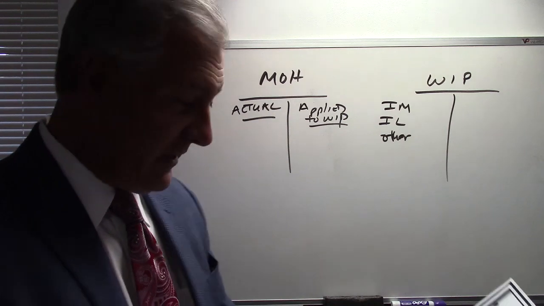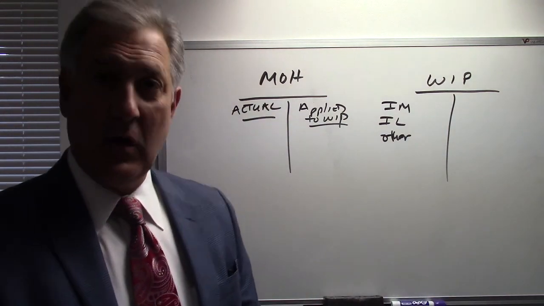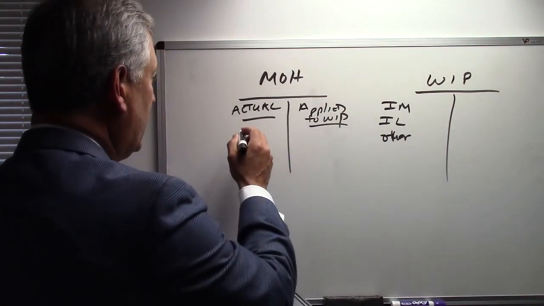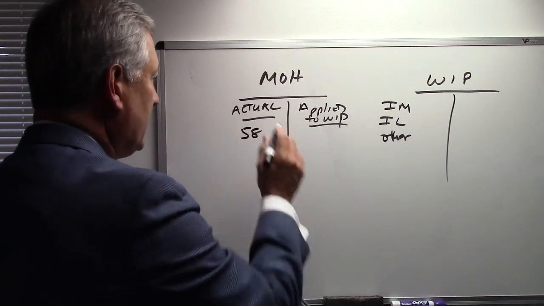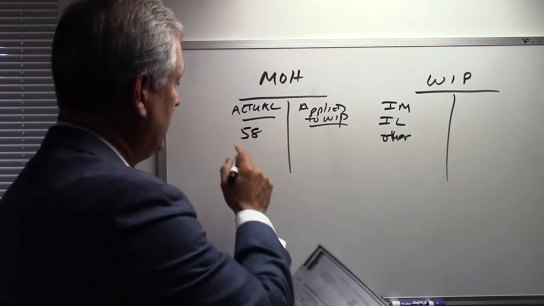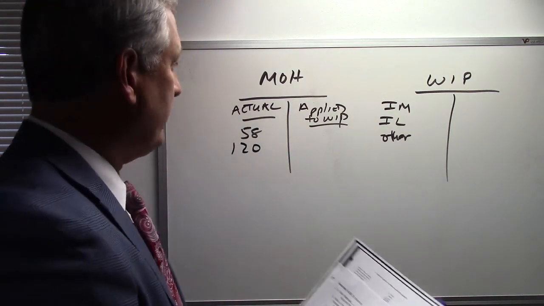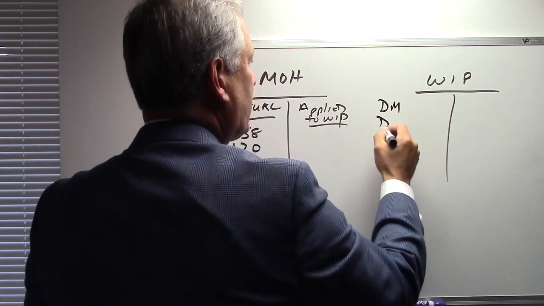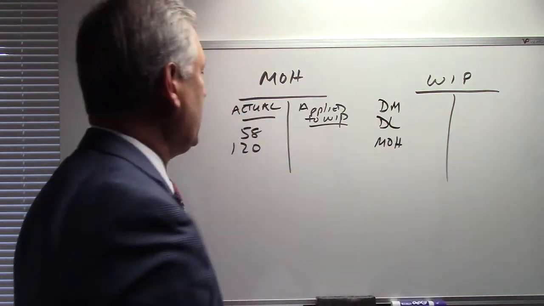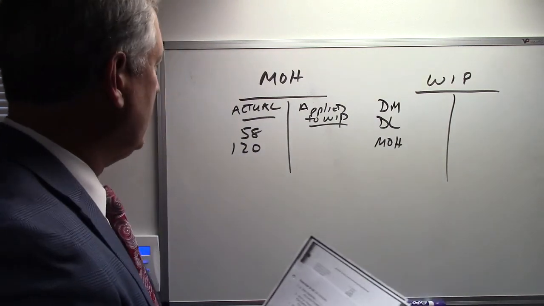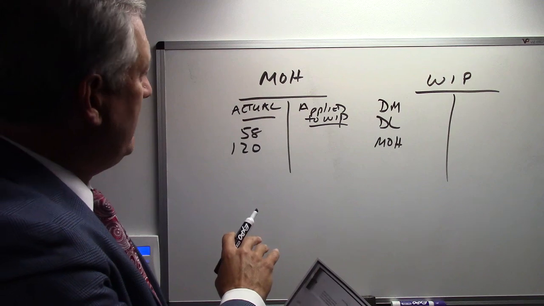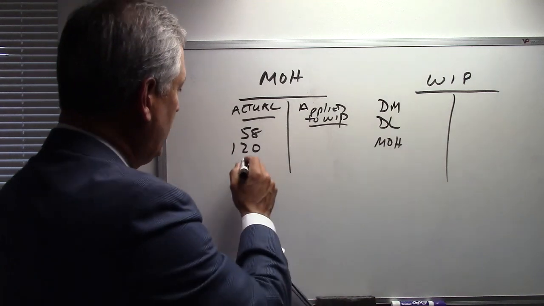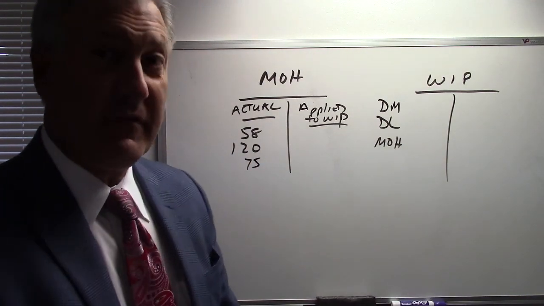We're going to drop the zeros here to make it simple. We're going to post all of the entries we just had. So in the manufacturing overhead, we had a debit for $58,000, which represented indirect materials. Had a debit for 120. I'm sorry, this is wrong over here. This is direct materials, direct labor, and manufacturing overhead applied. My apologies. Going back to manufacturing overhead. The actual costs represent indirect materials, indirect labor. We've got $75,000 of depreciation on factory equipment.